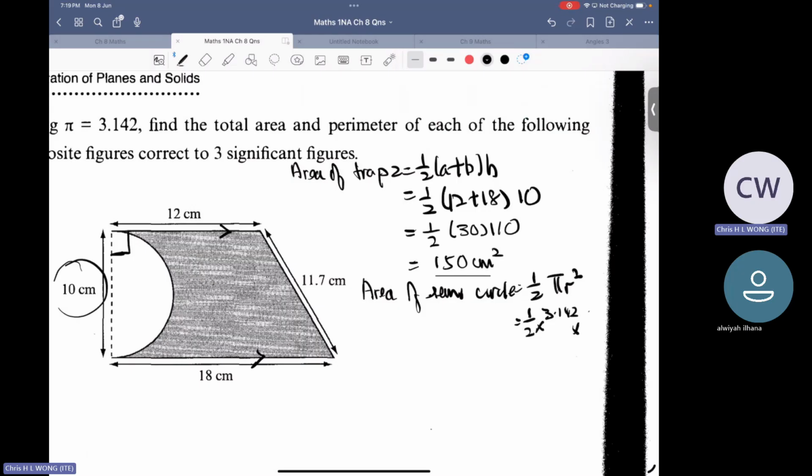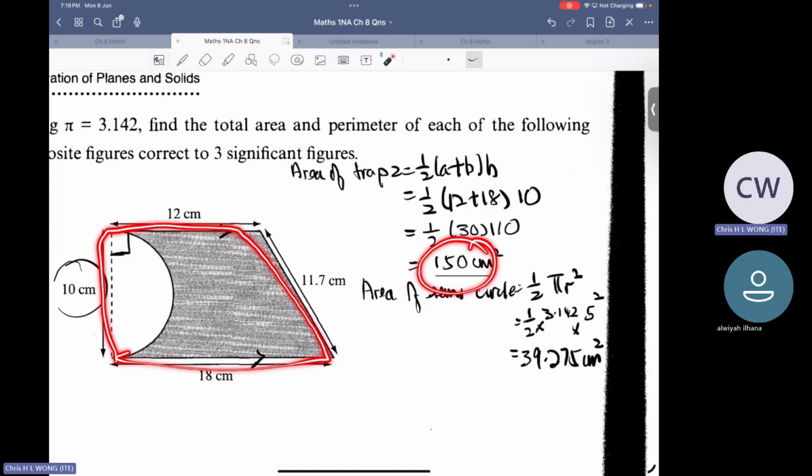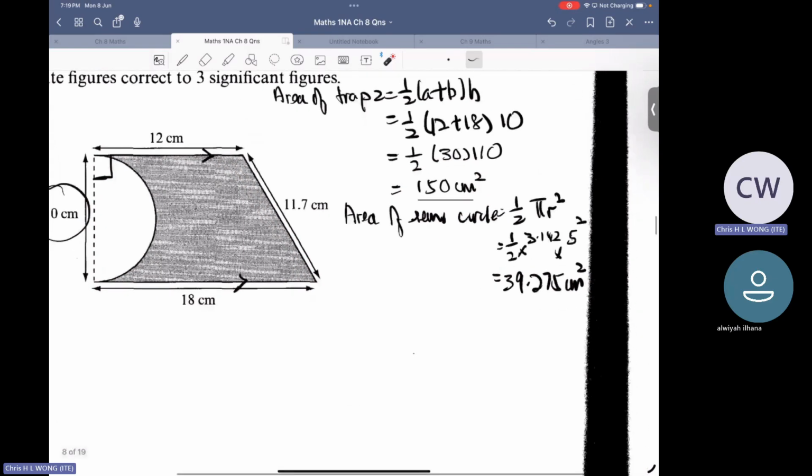So r is 5 squared. Let me calculate. 39.275 cm squared, correct? But that's not the answer yet. This is the area of the semicircle. So you take the whole area just now, minus this away, which is this one, and you have the area of the shaded part.